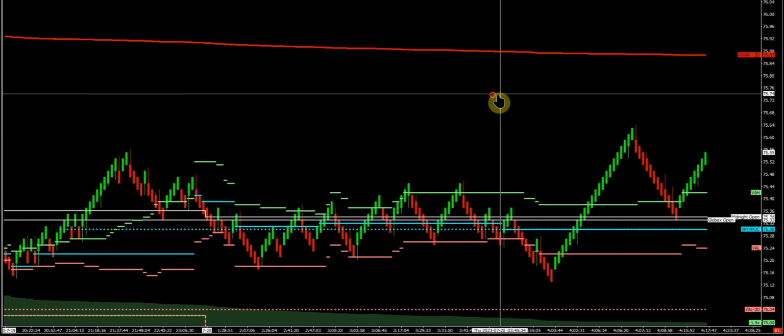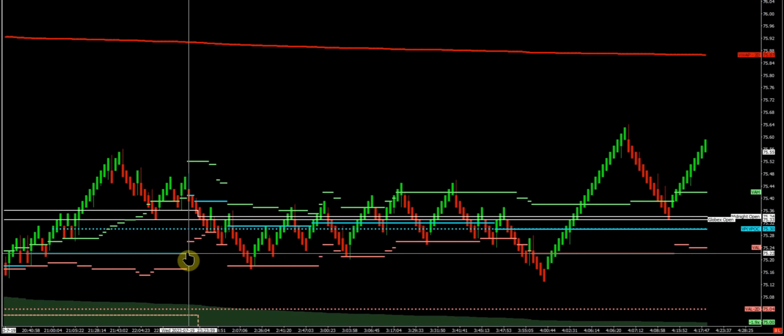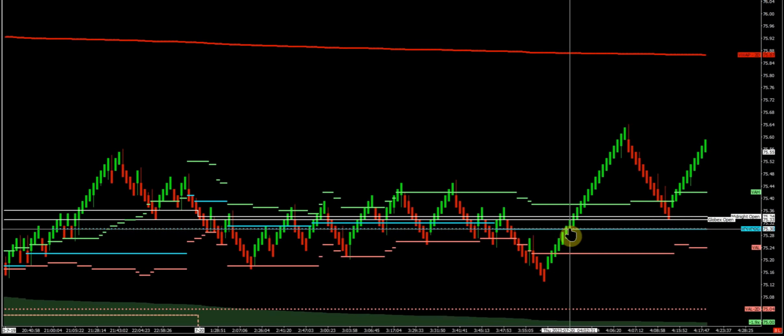So we come up, I mean, you could buy it, value area, you could buy it anywhere down here. There's my previous VPOC right there, or you could buy it coming up through the VPOC right there. And you're looking at, that's at least $500 right there. 75.30 back to 75.80, right?